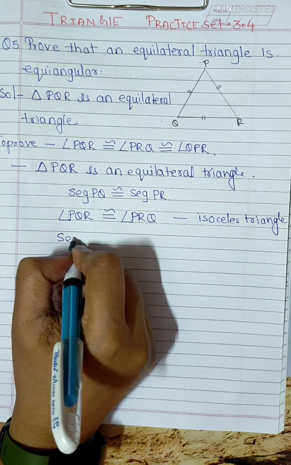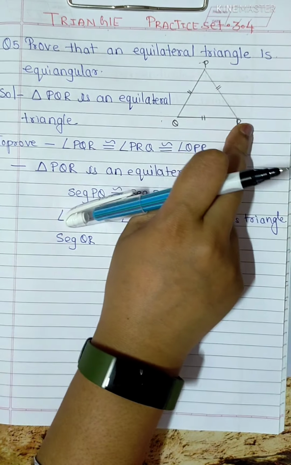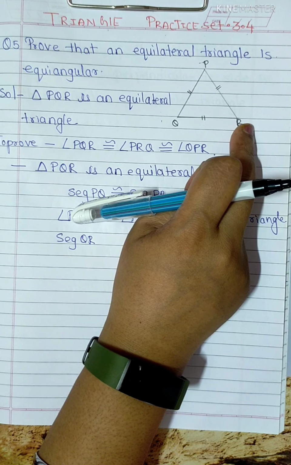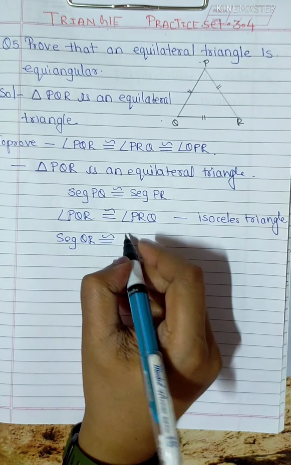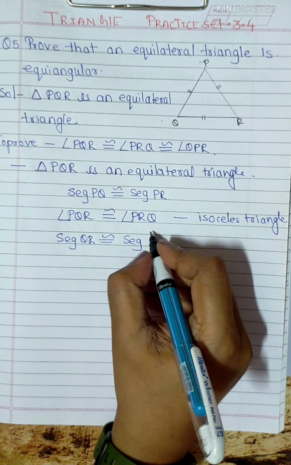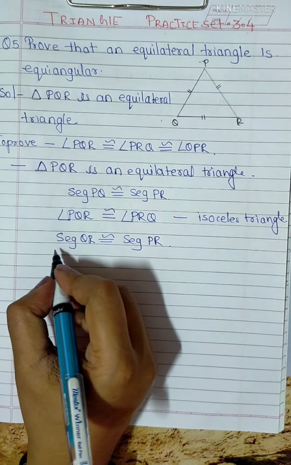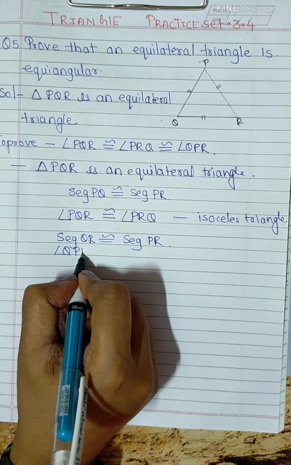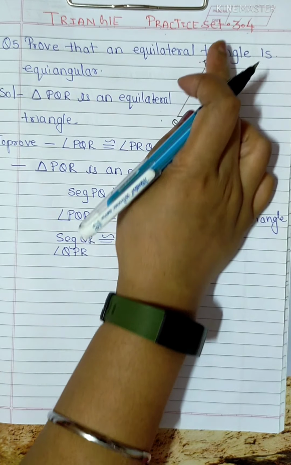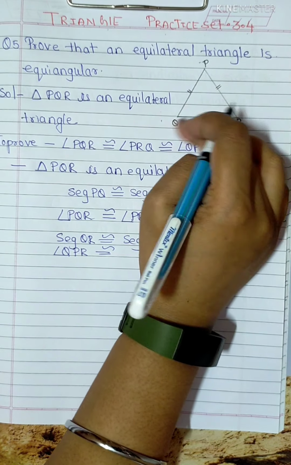So here PQR is congruent to PRQ. Now segment QR is congruent to segment PR. Now here again angle QPR is congruent to angle PQR.